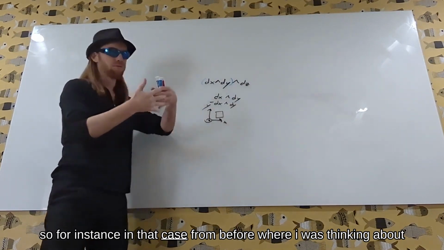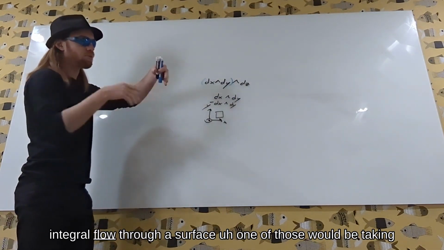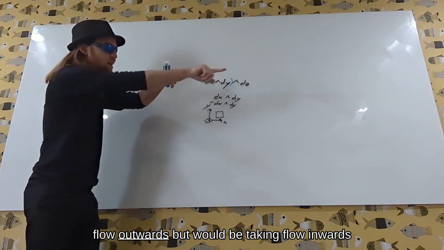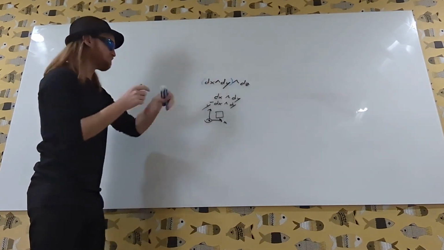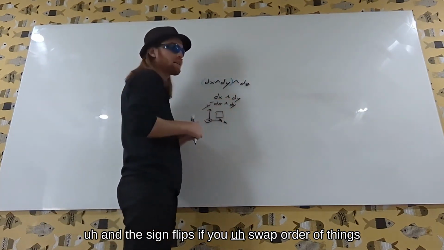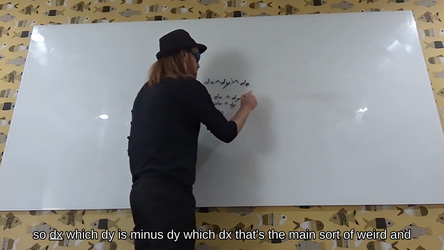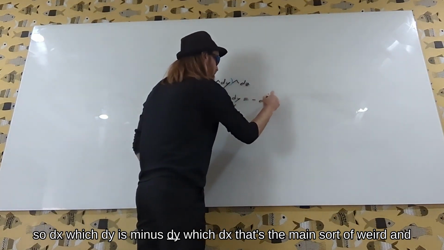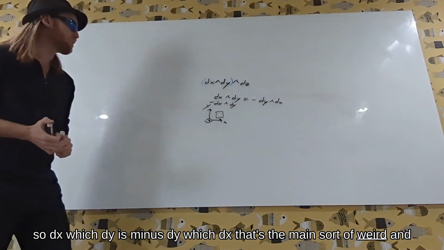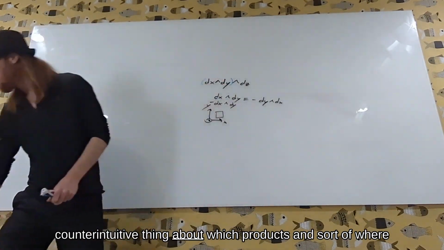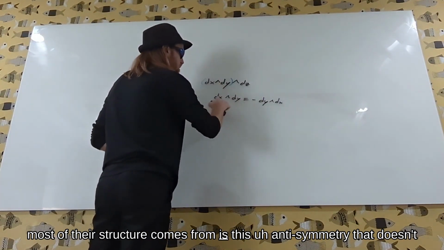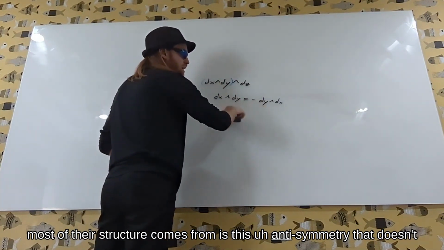For instance, in the integral of flow through a surface, one would take flow outwards, one would take flow inwards, and the sign flips if you swap the order. So dx wedge dy is minus dy wedge dx. That's the main weird and counterintuitive thing about wedge products, and where most of their structure comes from: this anti-symmetry.